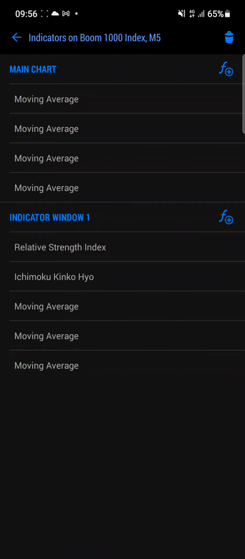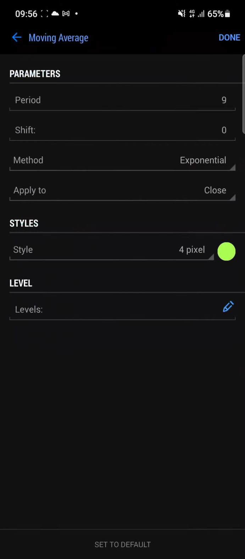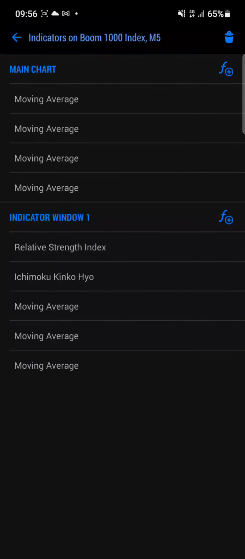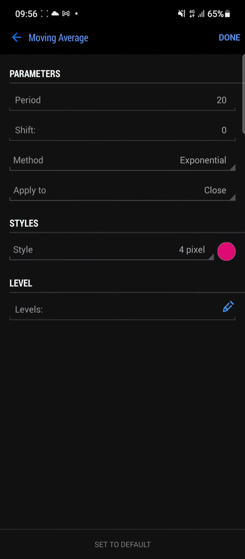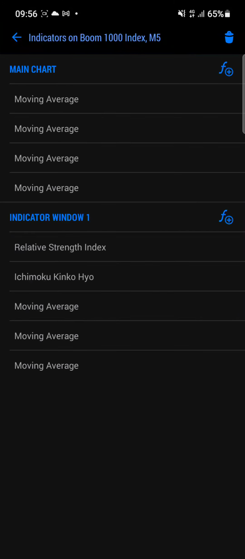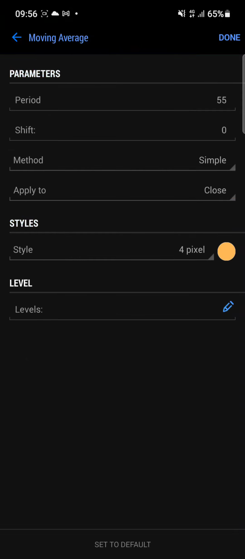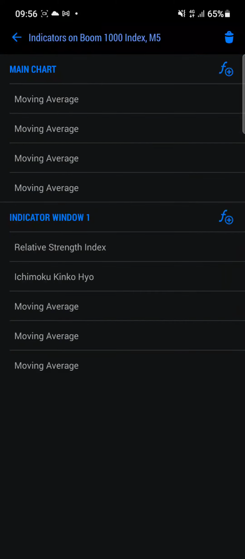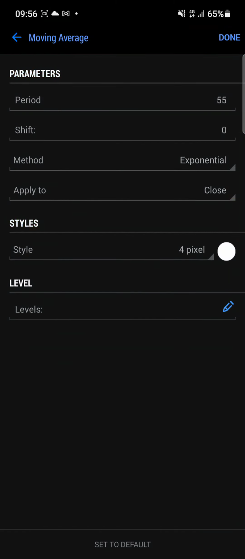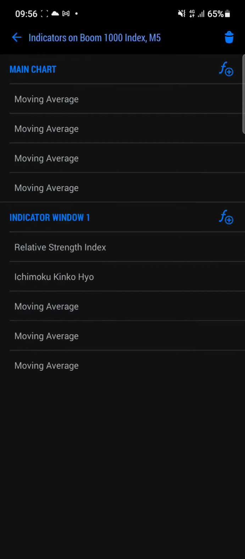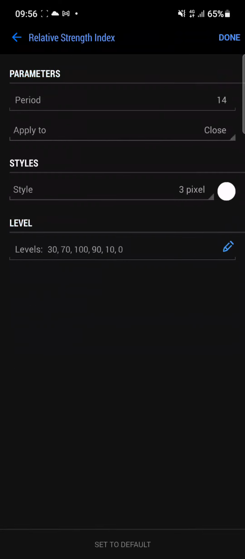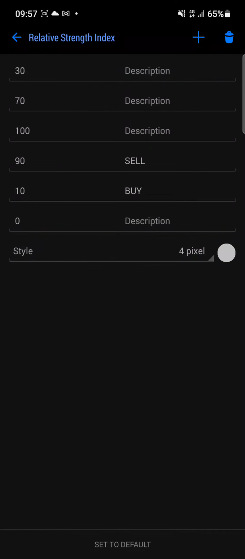For the main chart, I'm having the EMA 9. This is the setup, and I'm having the EMA 20 in magenta color. Then you can use either of these two: either simple moving average 55, or EMA 55. It all depends on you. While in the window indicator, I will only focus on the RSI, and you can see the levels and the description of the levels.